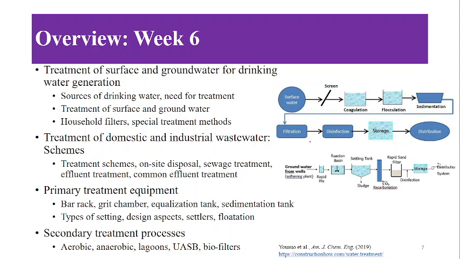Next, sedimentation settles the bigger particles which have gotten accumulated, and the filtration removes the finer particles, followed by the disinfection through either chlorine or ozone, and then the storage, and then distribution for consumption.